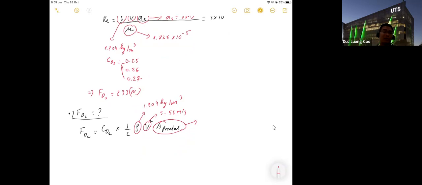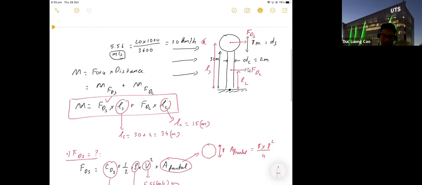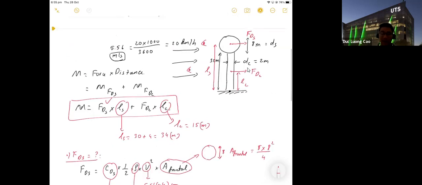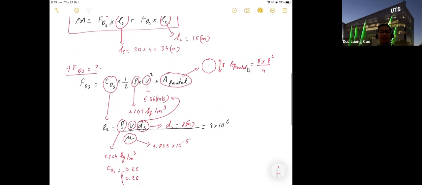In lab 2, you have a cylinder in part A and a cylinder in part B. Yeah, it's a rectangle, you're right. You see the cylinder, it's a rectangle.